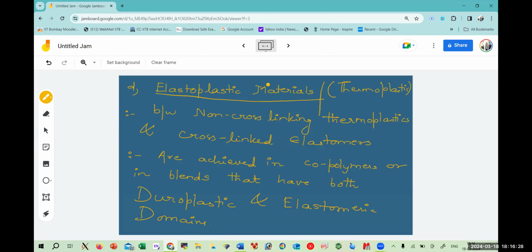So either they will be achieved in copolymers or when they have been blended, having the characteristics of both duroplastic as well as elastomeric domains.